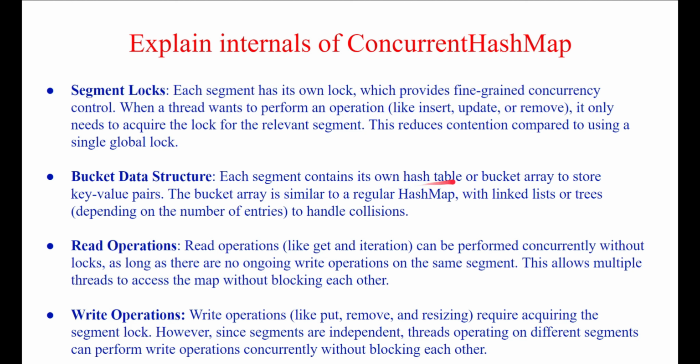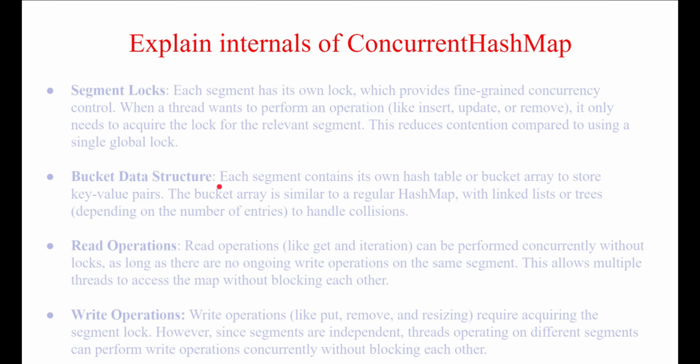Now each segment contains its own hash table. I already told you, each segment on its own is a hash table or an array of buckets to store the key value pairs. So there will be multiple buckets in each segment. Now each bucket array is very similar to hash map, with linked list or tree creation to avoid collisions.